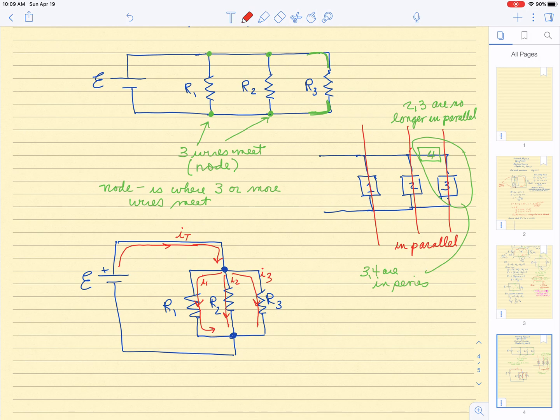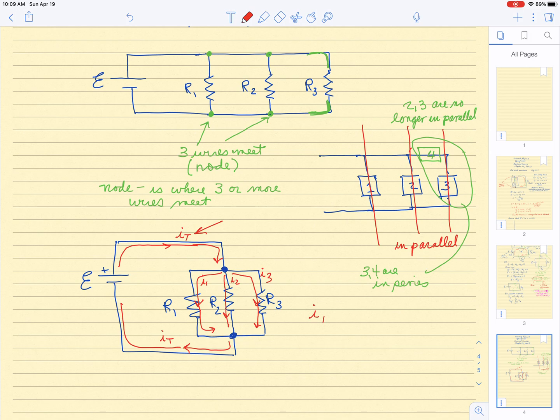And these currents will then recombine at this lower node, and out will come IT, the total current. So charge must be conserved. We talked about that way back when we first talked about electrostatics, that the amount of charge in this total current must be equal to the total charge that splits up into these three branches.